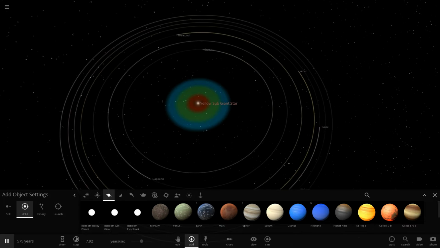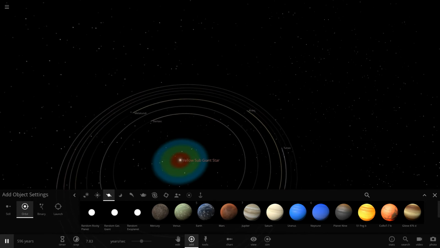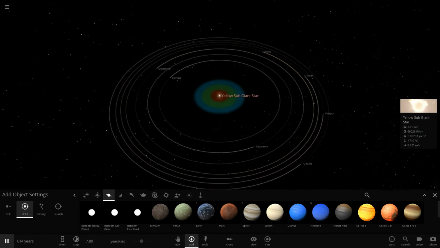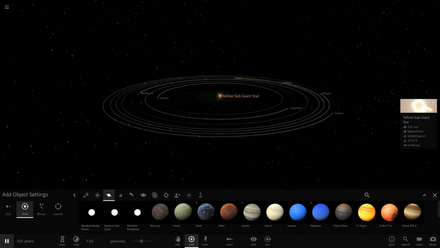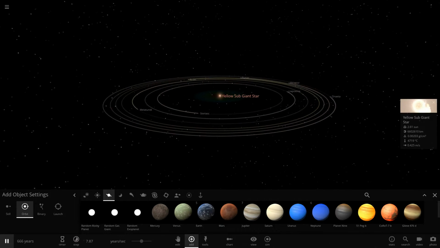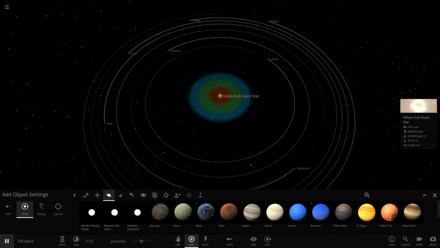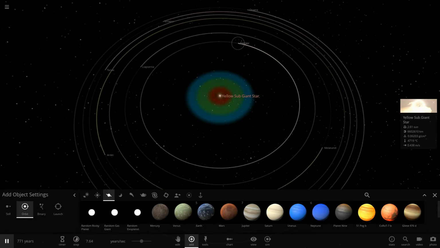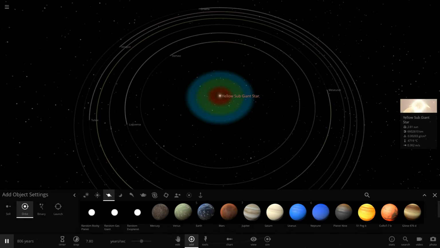That's if this yellow subgiant continuously misses them. Now, a yellow subgiant can have a large collection of ice giants, because any gas giant closer than this, well, this gas giant's a little bit too close, but any gas giant closer than this will get absolutely fried.